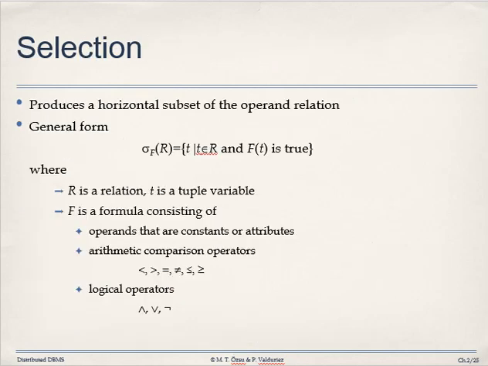Now we will discuss the fundamentals, first the selection operator. The selection operator produces a horizontal subset of the operand relation. Now what is a horizontal subset? Think about it. Suppose we have a customer relation which contains 10 tuples or records.